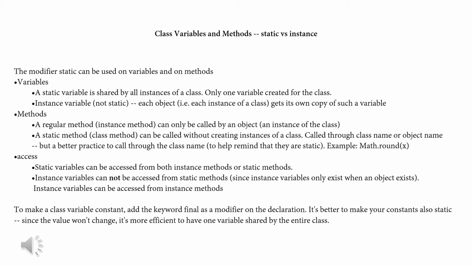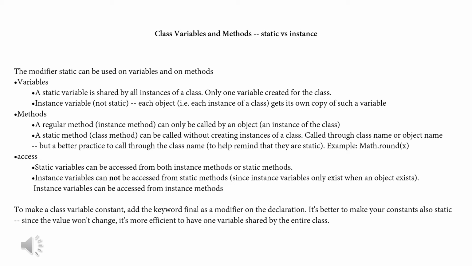But if a variable is an instance variable, it means it's not static. We don't use the static modifier in the declaration of that variable in the class, right? Then this variable will be created when an object is created.